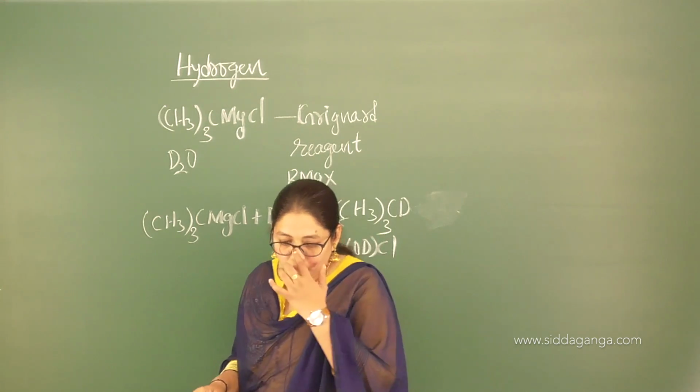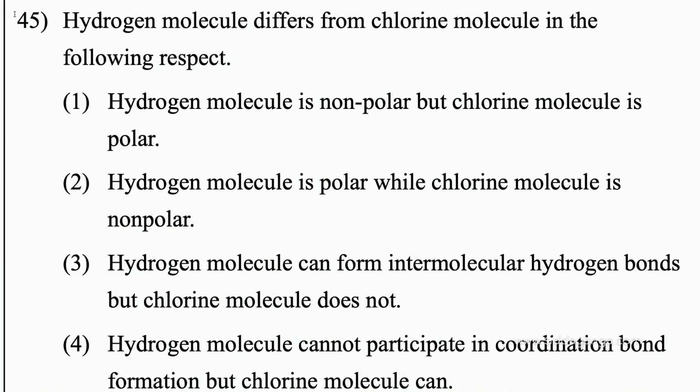So in the second phase it is a very important reaction again. Okay, moving on to the next question. Hydrogen molecule differs from chlorine molecule in the following respect. The first one: hydrogen molecule is non-polar but chlorine is polar. Second: hydrogen molecule is polar while chlorine molecule is non-polar.